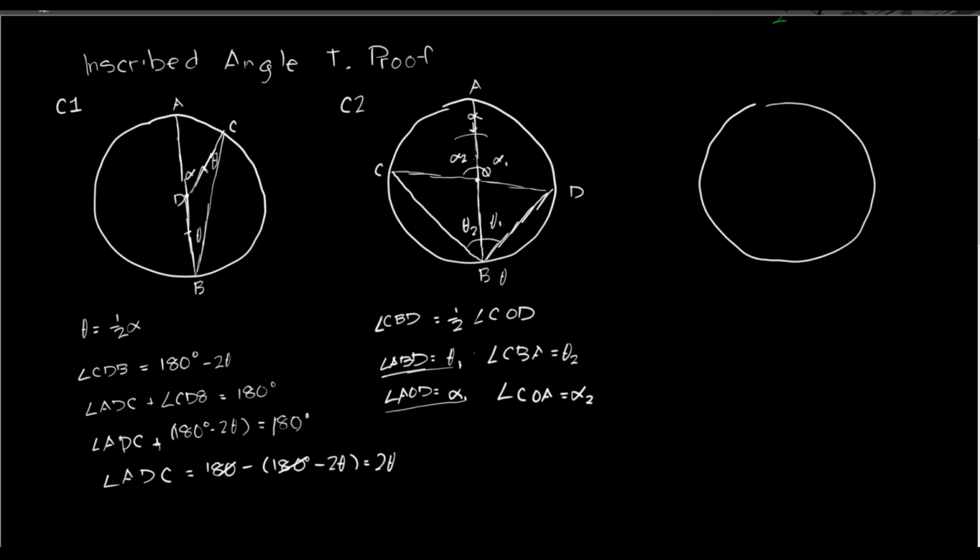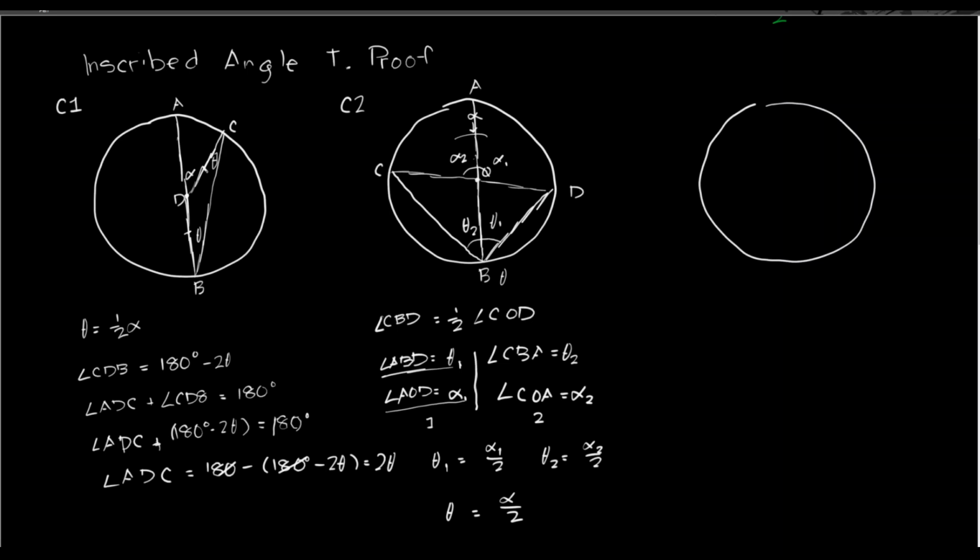If we can prove these two separate cases, case 1 and case 2, when we combine them together, we know that theta 1 is equal to alpha 1 over 2, and theta 2 is equal to alpha 2 over 2, then we get theta is equal to alpha over 2, just by adding them together.